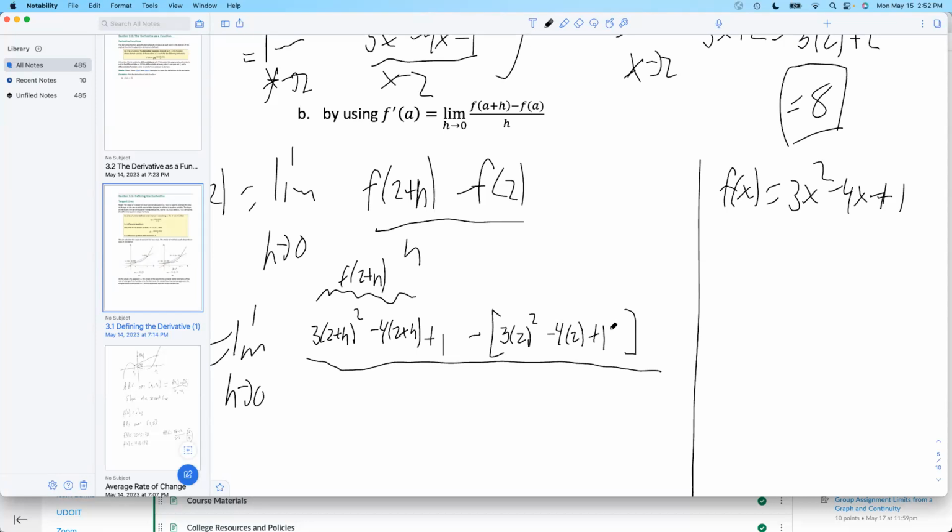I'm just pausing, give everybody a chance to look at that. This is f of 2 plus h. All of this chunk here was that other part, f of 2. And then don't forget, a lot of mistakes happen here. Look at that guy. That's a fraction. That's over h. This also needs to be over h.